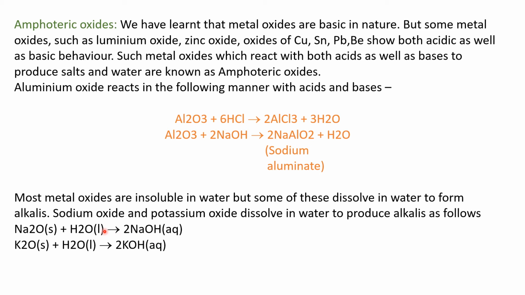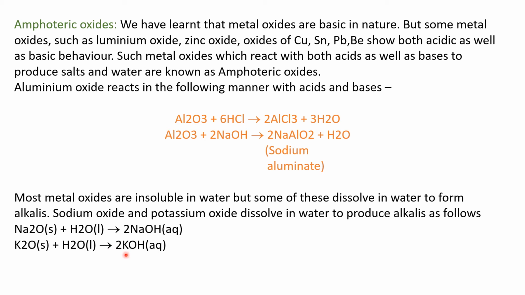Metallic oxides which dissolve in water are known as alkalis. Sodium oxide and potassium oxide dissolve in water to produce alkalis as follows. Example, Na2O, that is sodium oxide, dissolves in water and forms sodium hydroxide. In the same way, K2O, potassium oxide, dissolves in water and forms potassium hydroxide.